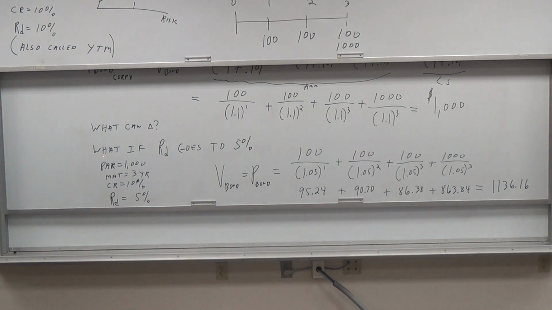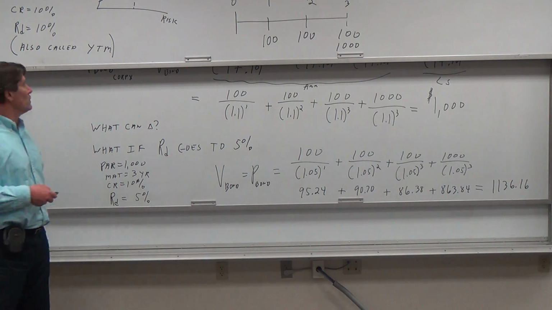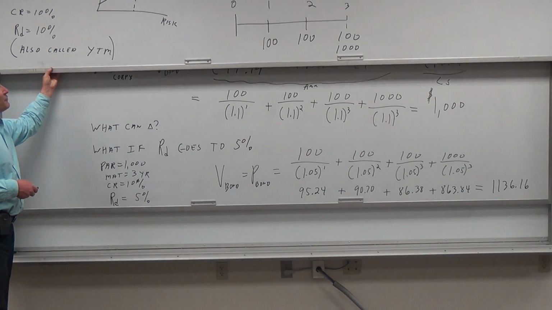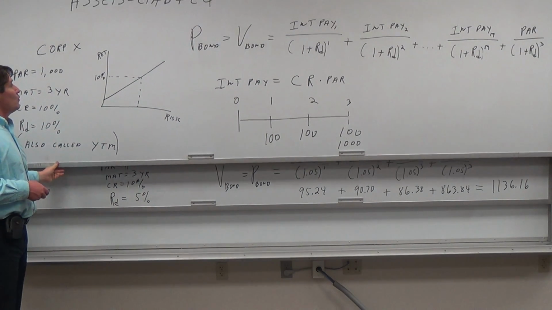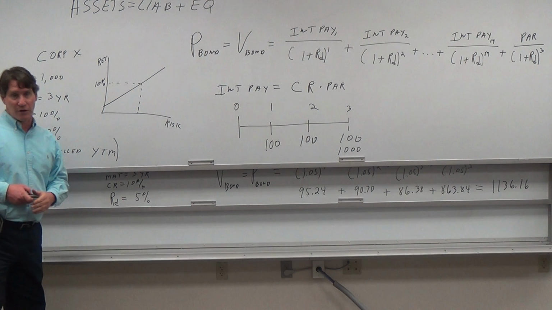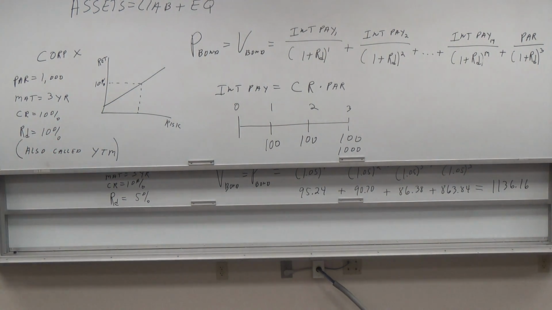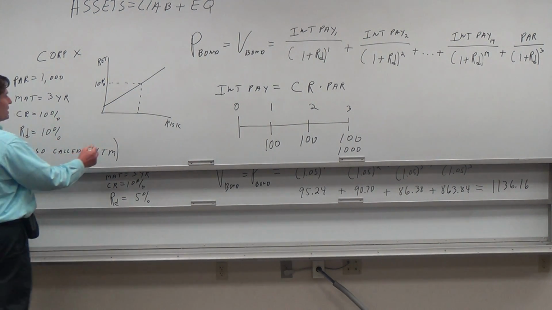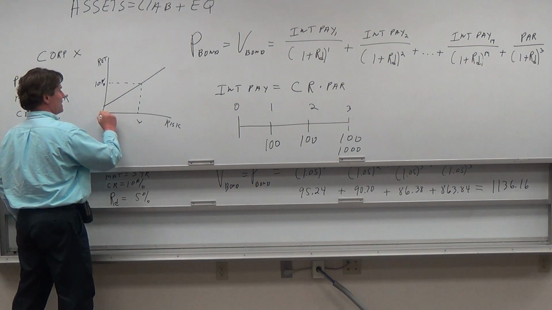So the question is, for whatever reason, what if RD, also called the yield to maturity, goes to 5%? For whatever reason, investors say, hey, for investments of like risk, we're willing to take a lower return. So this line is going to shift down.